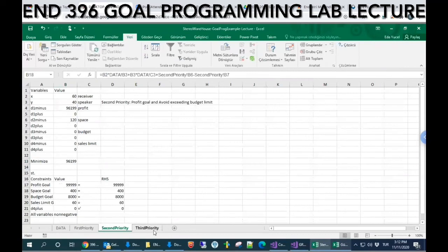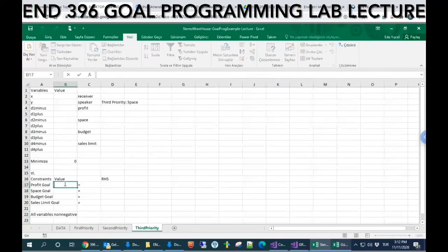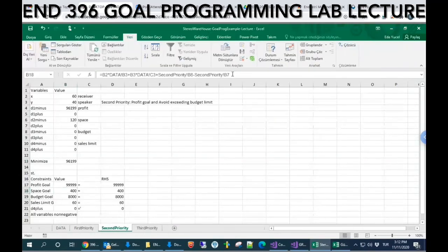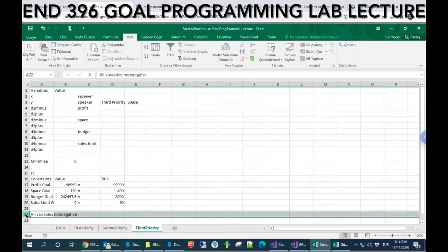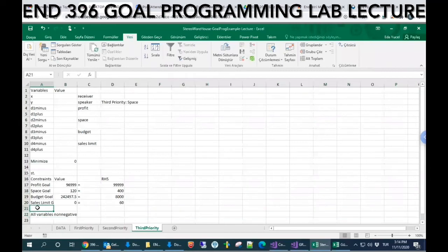And again, we should copy the constraints, and we should add the constraints that set the optimal values for the deviation variables that are obtained in the first priority and second priority goal programming formulations.